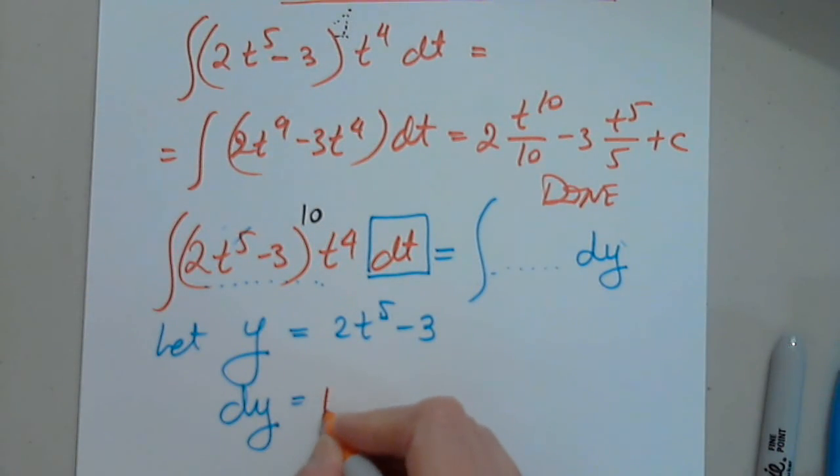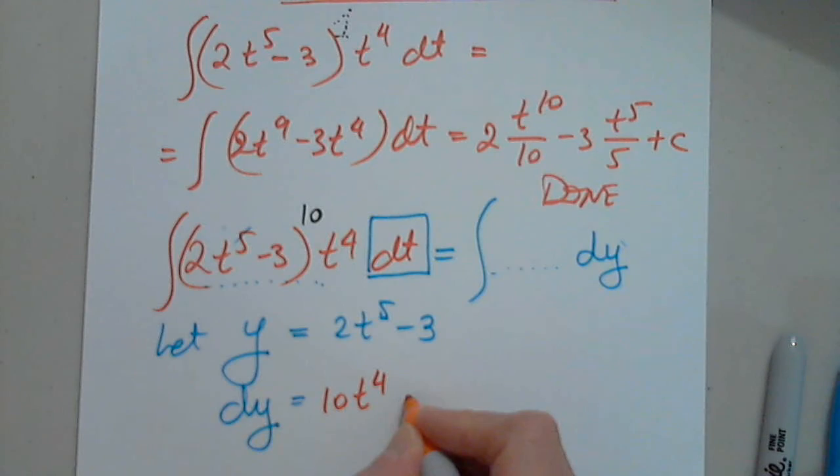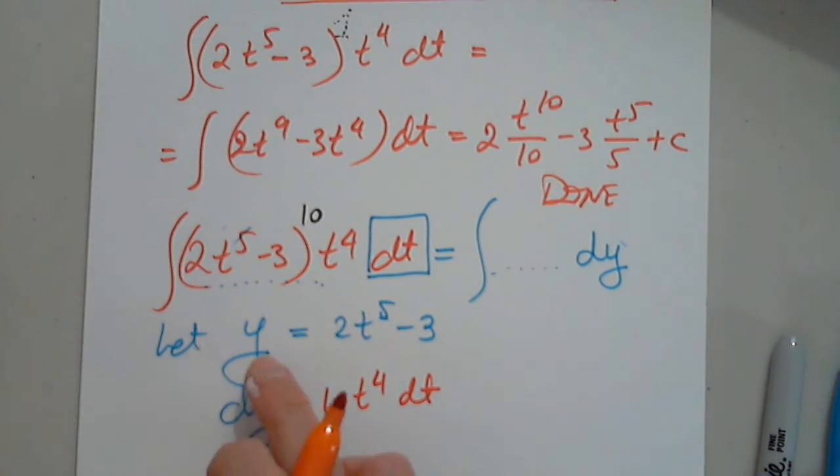Well, in this case, it's 10t to the fourth dt. The differential of y, dy, equals the function prime times dt, because the function has t in it.